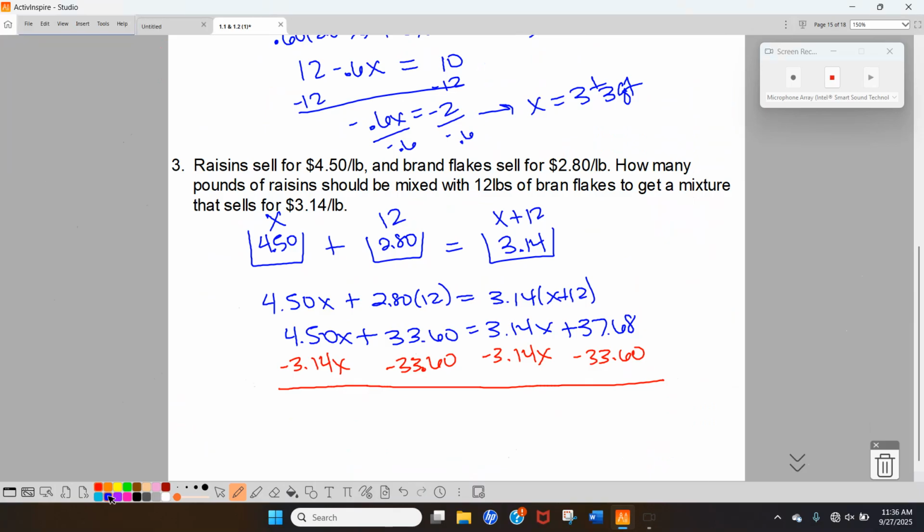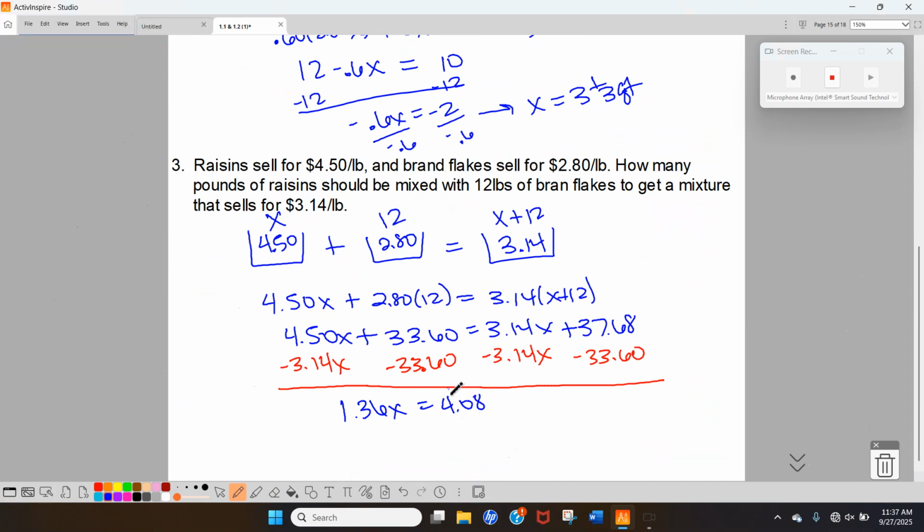All right, so 450 minus 314 is $1.36. And 37.68 minus 33.60 is $4.08.